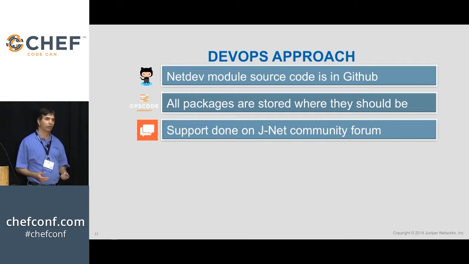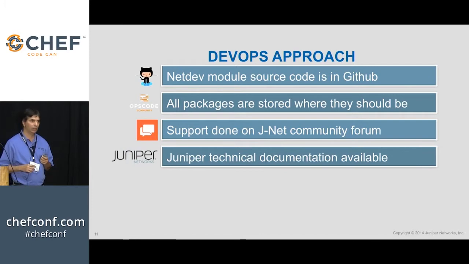Come to one of our meetups. We'll do hackathons there, and you can learn a lot more. Again, the idea is that we want to engage with the community because network automation is at its nascency, and we need the community support to make it mainstream, make our lives easier.